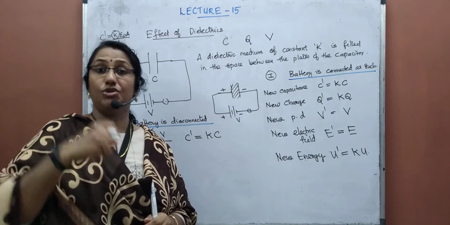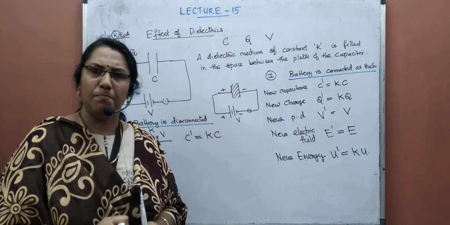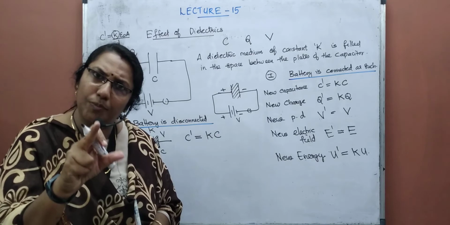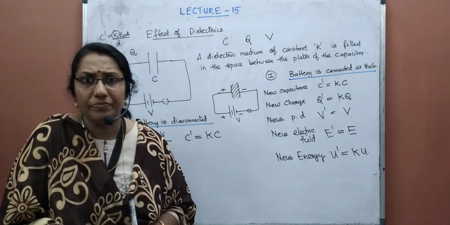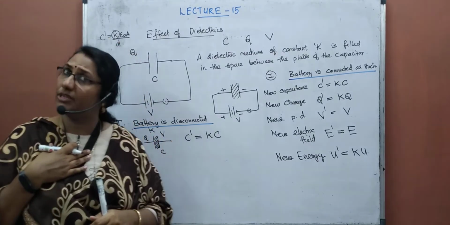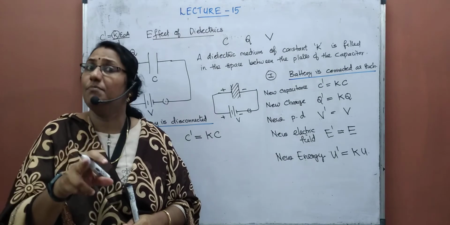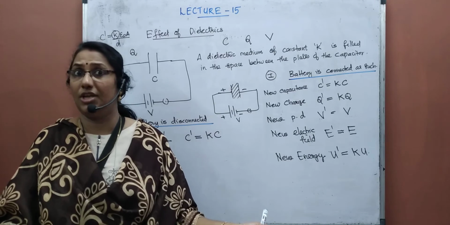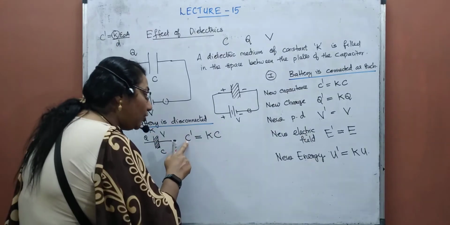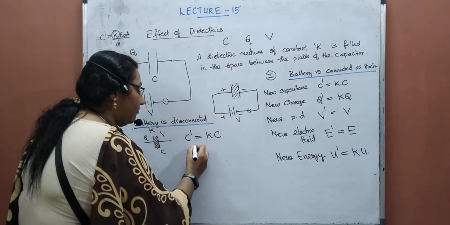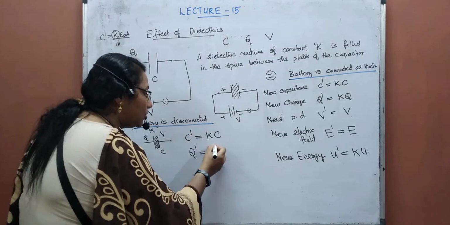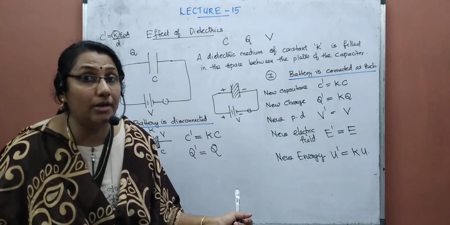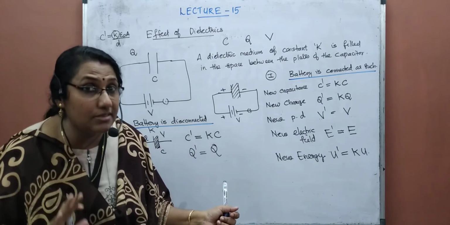But is there a battery to provide extra charge? No external agent. So even though capacitance increases, does it store extra charge? No, the charge remains the same because there is no one to provide the extra charge.